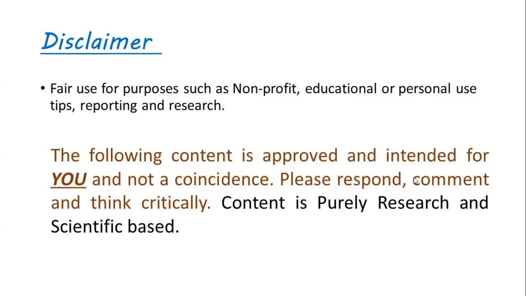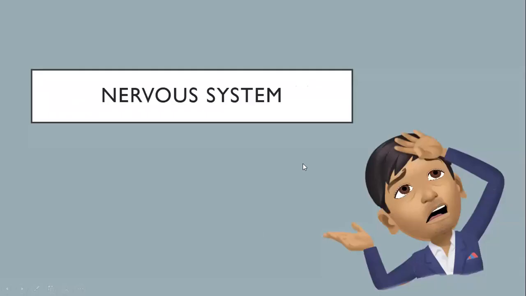And then let us proceed with the next topic today, that is introduction to nervous system. After understanding the functioning of neuron, it is important to know how the collection of neurons work.